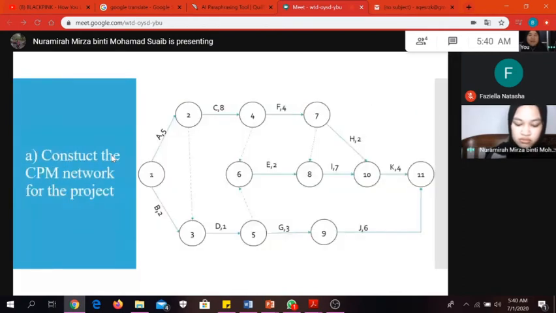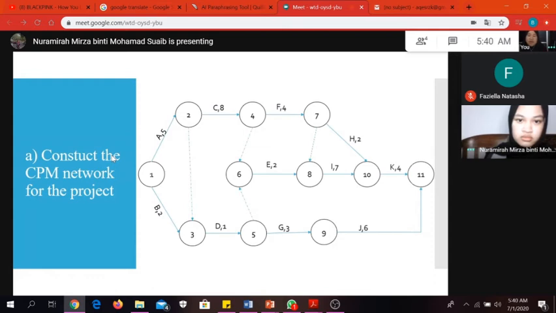For the first question, construct the CPM network for the project. First, the first activity and the second have no predecessor. When the first activity ends, the second and third activities can continue.